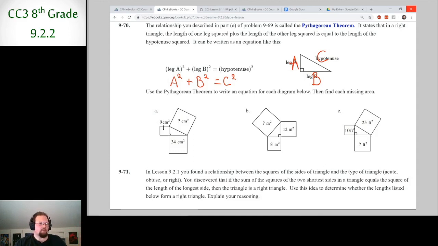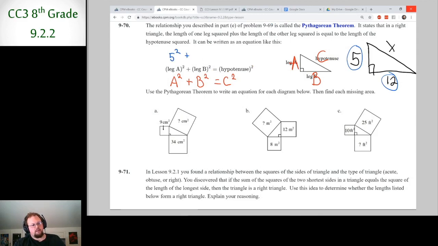Some people will though. So let's go back to our original problem that was up there where it had a triangle with a 5, a 12, and then an unknown length x. Using this formula, these are my legs, so I would put 5 squared plus 12 squared is equal to, and then this is an x squared.